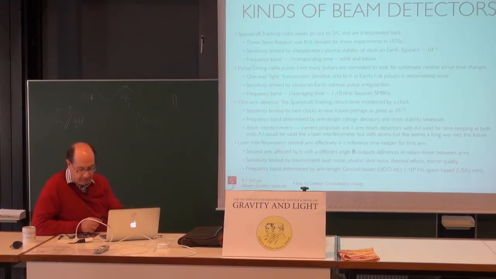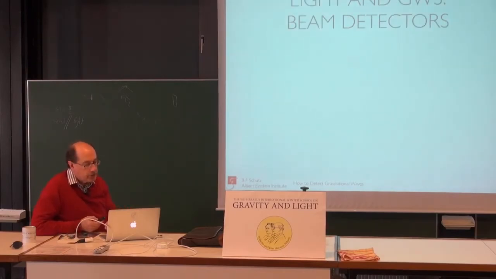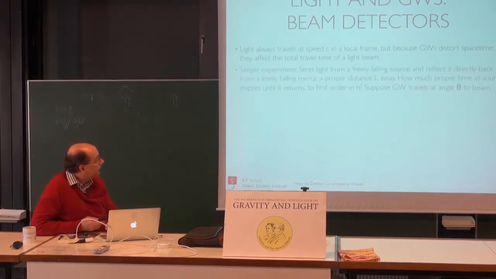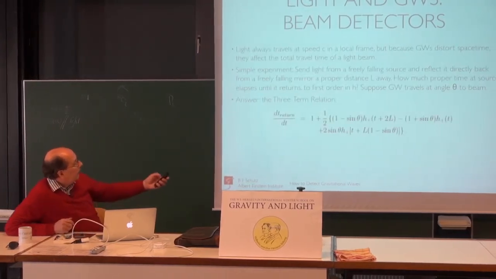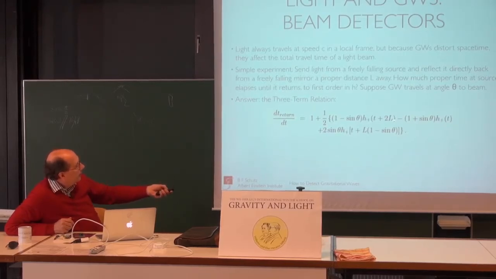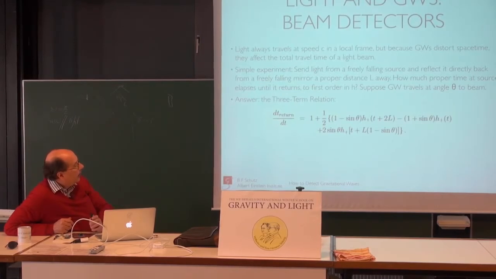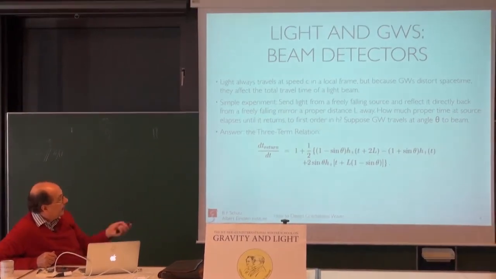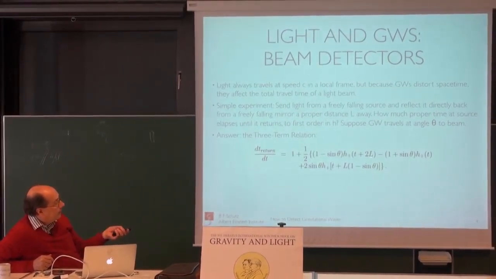There is one thing I wanted to do. Sorry, I should have done before. So let me go back to this diagram, to the three-term relation. I want to also look at the short arm. So I've made no assumption about how long L is in relation to, let's say, the wavelength of gravitational waves.